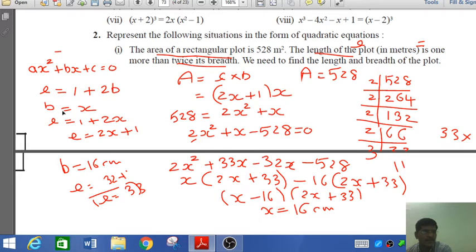Breadth is x, then length is 1 plus 2x. Area is equal to L into B. So length is 2x plus 1, breadth is x, so 2x square plus x is equal to 528. In standard form, 2x square plus x minus 528 is equal to 0.